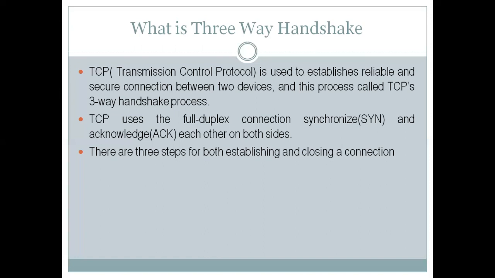It is a three-step process that requires both the client and server to exchange synchronization and acknowledgement packets before the real data communication process starts. The three-way handshake process is designed in such a way that both ends help you to initiate, negotiate, and separate TCP connections at the same time.